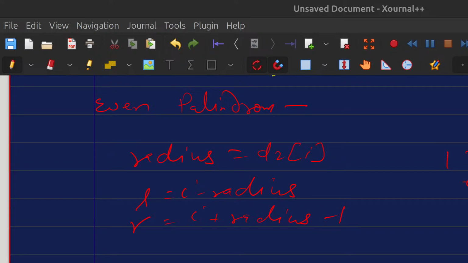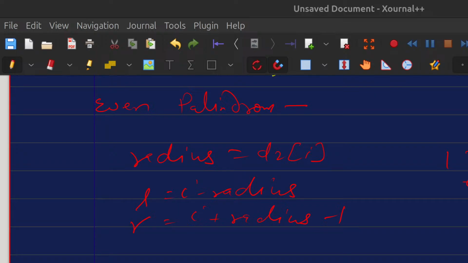After it, while 0 is less than or equal to i minus k, and i plus k is less than n, and nums of i minus k equal to nums of i plus k.